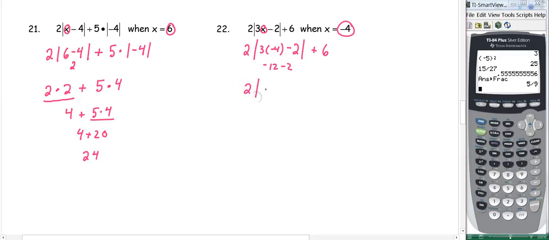So we have 2 times the absolute value of negative 14 plus 6. The absolute value of negative 14 is positive. So 2 times 14 plus 6. We're going to multiply 2 times 14 to get 28, plus 6, which simplifies to 34.